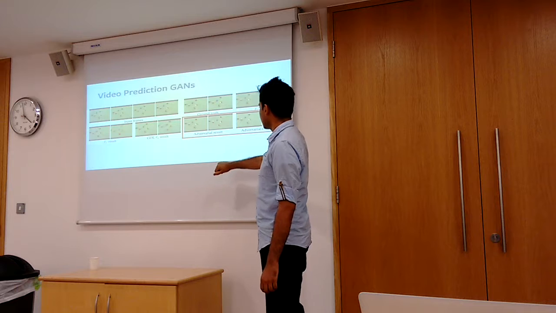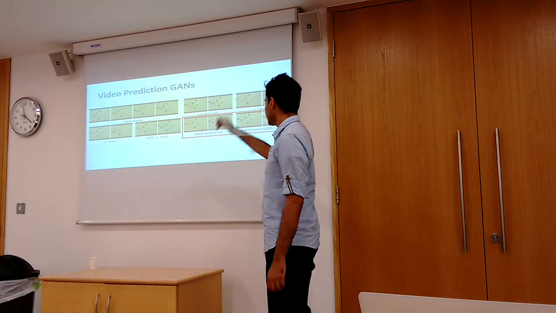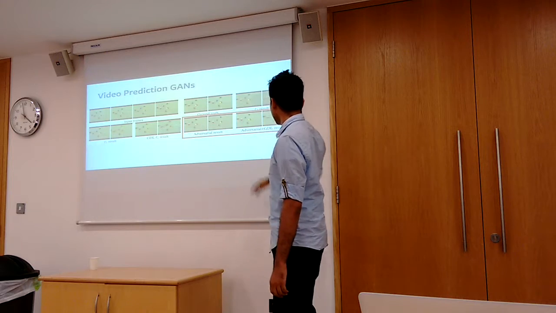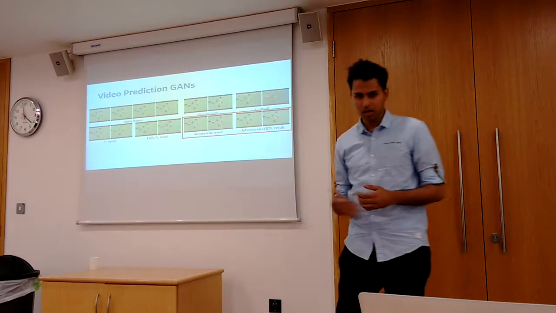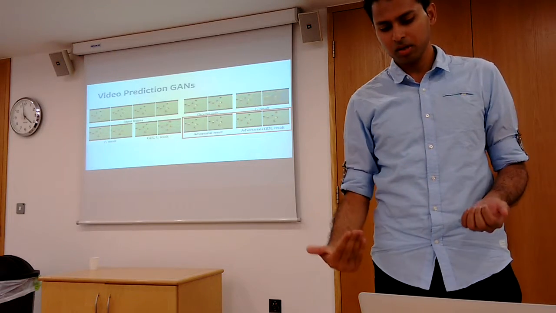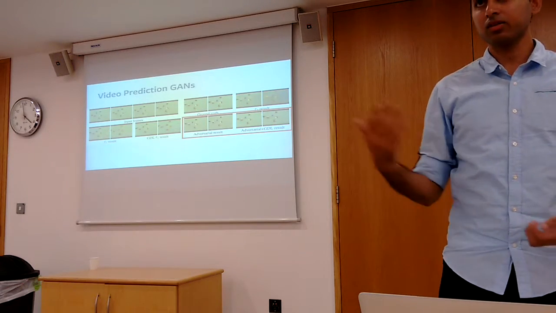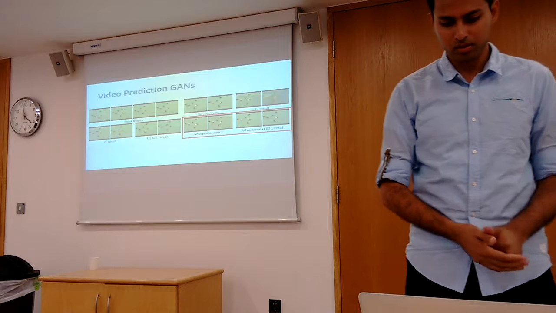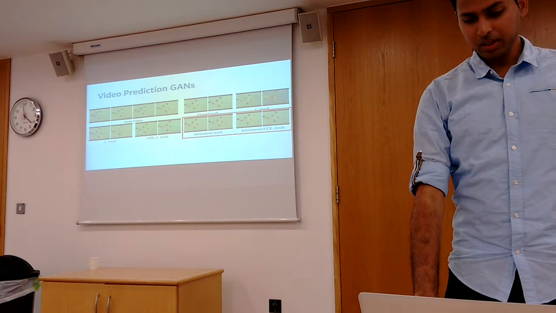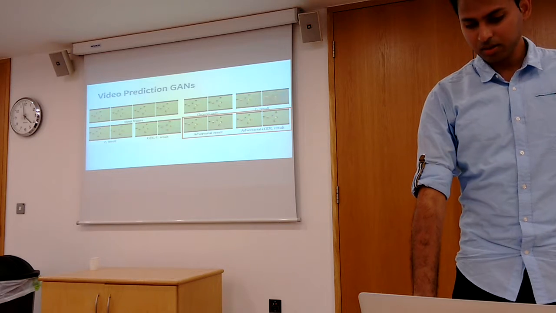If you have an L1 as well, it gives weird blurry predictions. If you have an adversarial loss or an adversarial with this hybrid loss, it gives sharp predictions, also improving the signal-to-noise ratio of what happens in the future. That was a really interesting direction that they took.